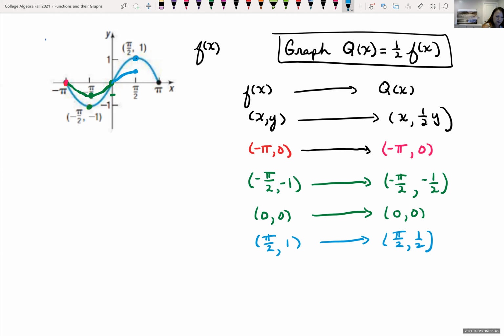And then the last point, which was at (π, 0), multiplying my y value by 1/2 doesn't change it. 0 times 1/2 is 0, so I stay down here. So we get our new graph of q of x.